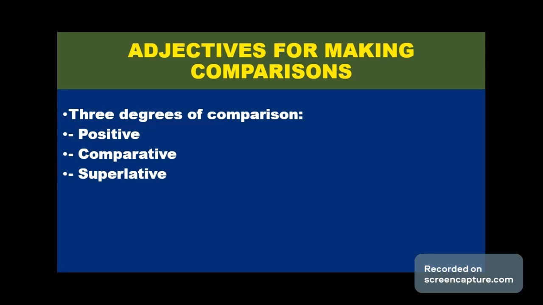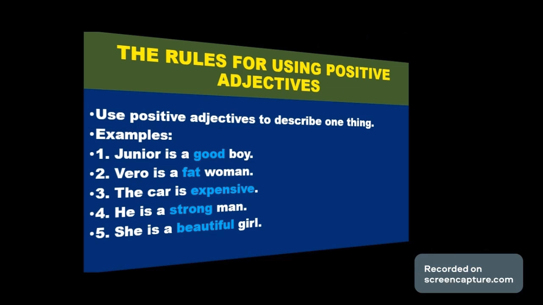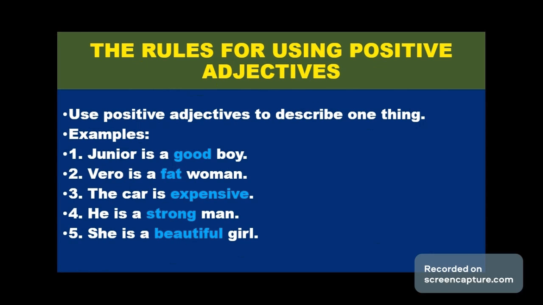In making comparisons, there are 3 degrees of comparison. Positive is used for description, comparative for comparing 2 things, superlative for comparing 3 or more things. We are going to look at this specifically, and let's begin with the rules for using positive adjectives.